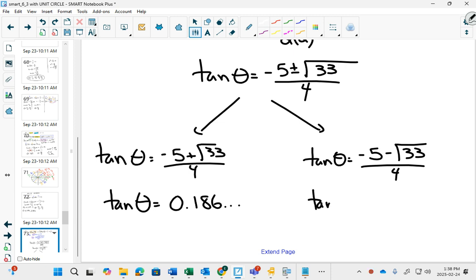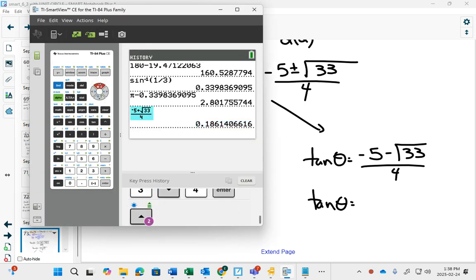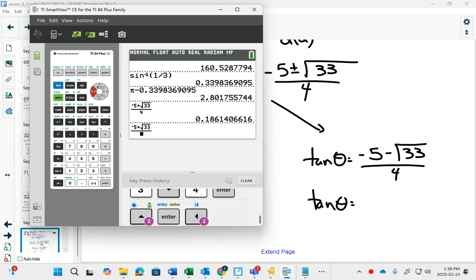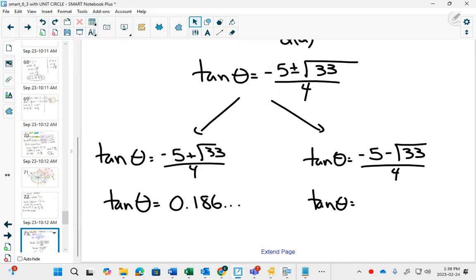And this one, negative 2.686. This is going to be important for figuring out my reference angles and solving.